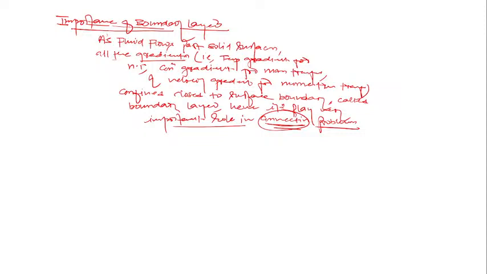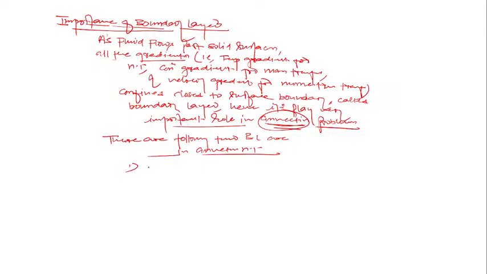Is this clear? There are the following two boundary layers in convection heat transfer.